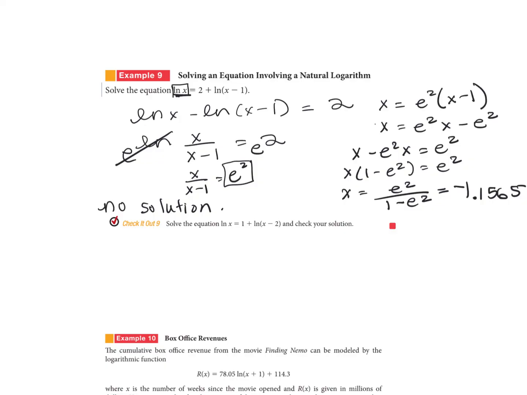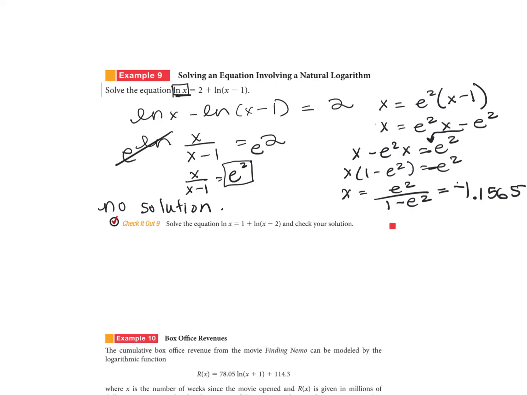And just gonna check my work here. Oh, but I dropped a negative sign, so that's why I thought that was odd. There we go.